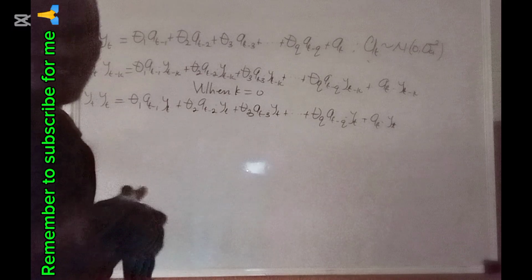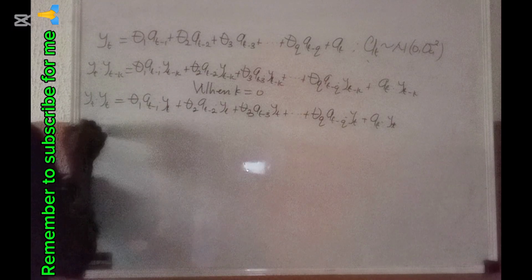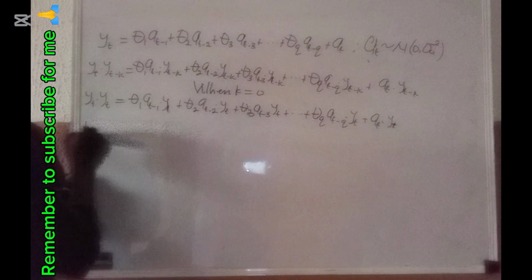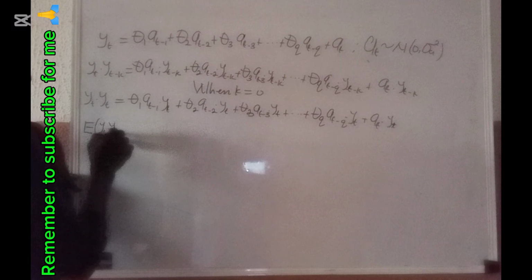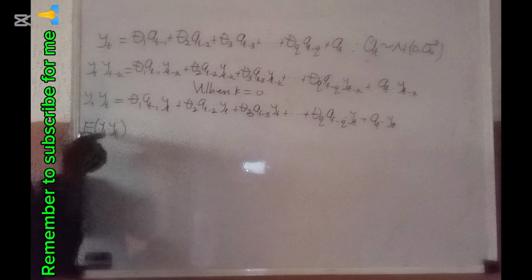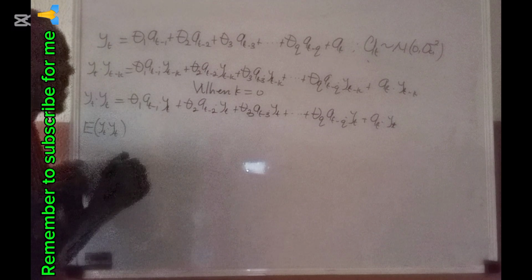You are to take the expected value of both sides of this equation. Taking the expected value now, what you are going to have is E of y of t multiplied by y of t, that is E of y of t multiplied by E of y of t.